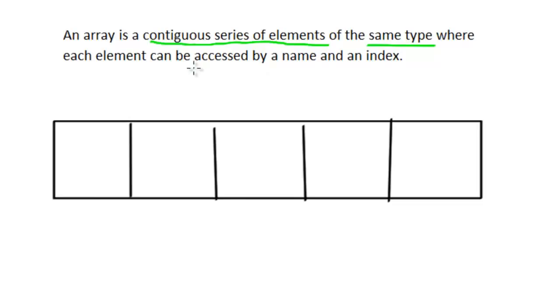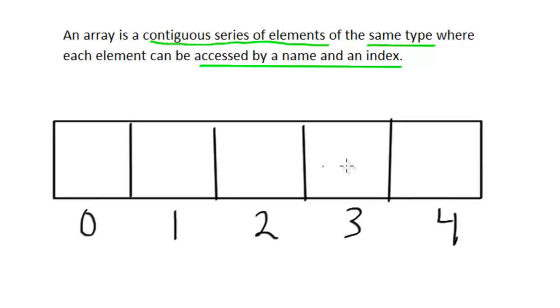And the last part on the second line is that it can be accessed by a name and an index. Let's take the index part. We have a position for each one of these elements. The indexing starts so that this would be index 0 or position 0. This would be position 1. This would be position or index 2. And then we'd have 3, and then we'd have 4.